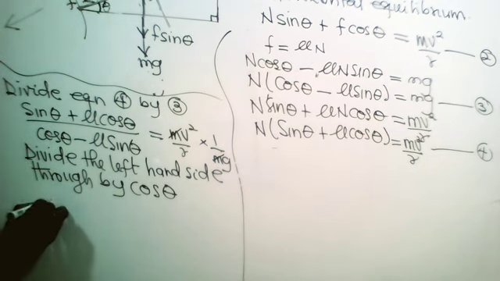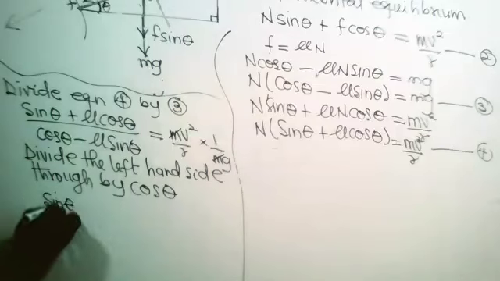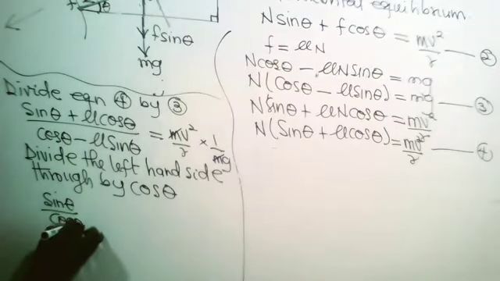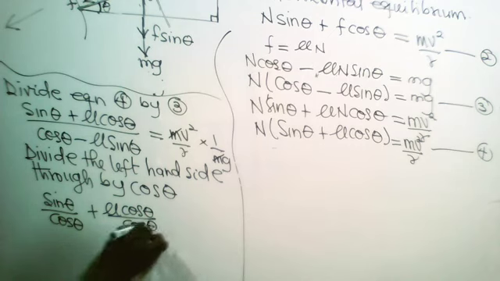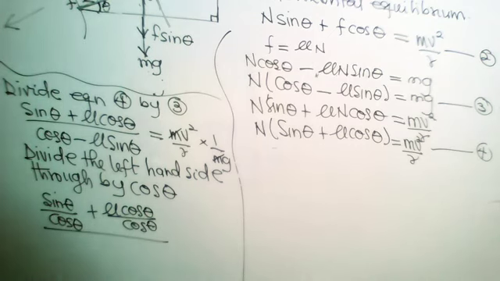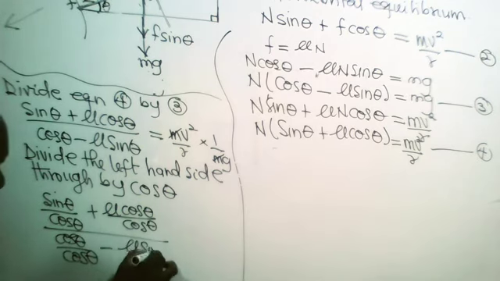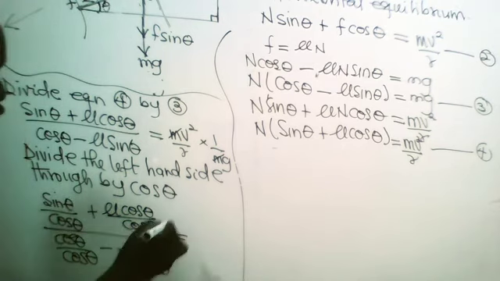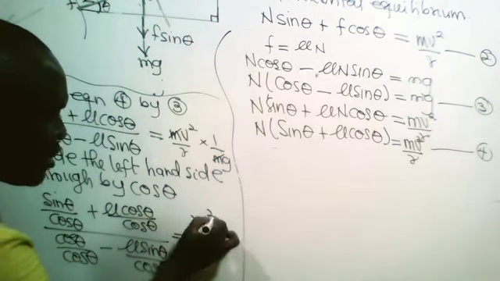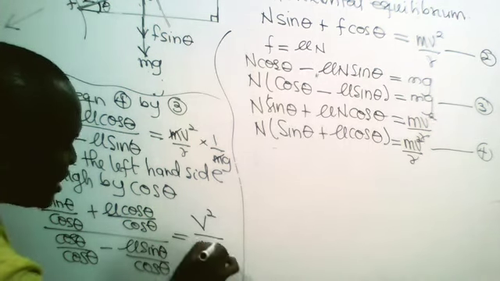Yes, sine theta divided by cos theta plus mu cos theta divided by another cos theta, all divided by cos theta over cos theta minus mu sine theta over cos theta is equal to v squared over rg.